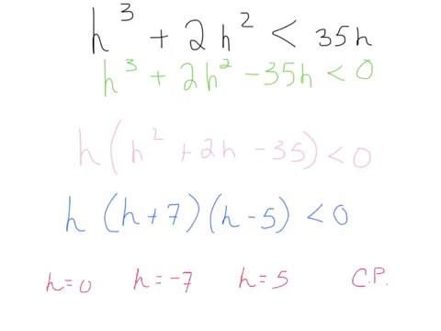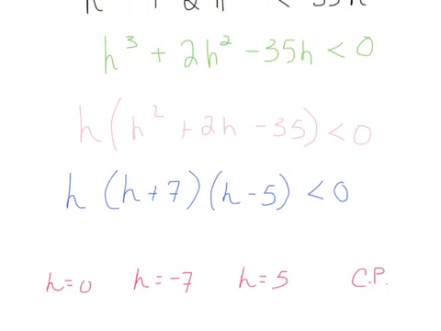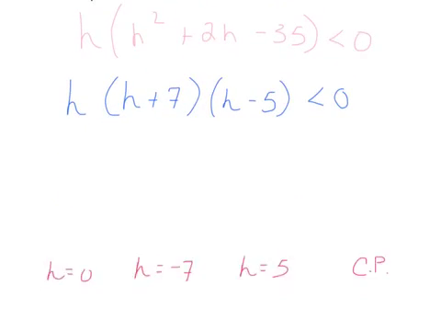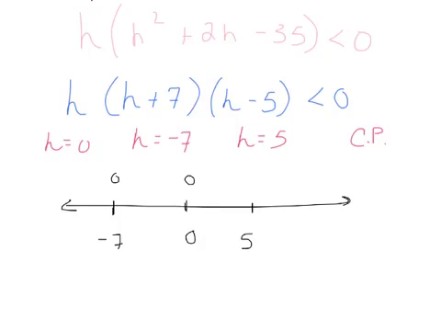Make sure they're right. I'm going to move the first few steps off the page, so I'm just going to slide up a little bit. Once I have my critical points, I make my number line. These are all open circles, simply because it was less than, not less than or equal to.